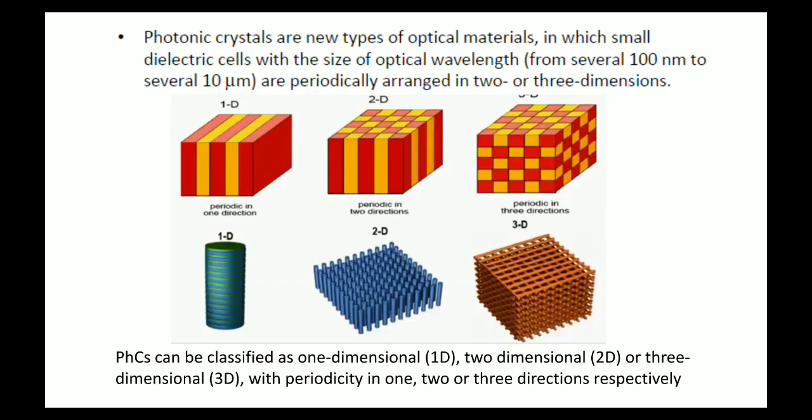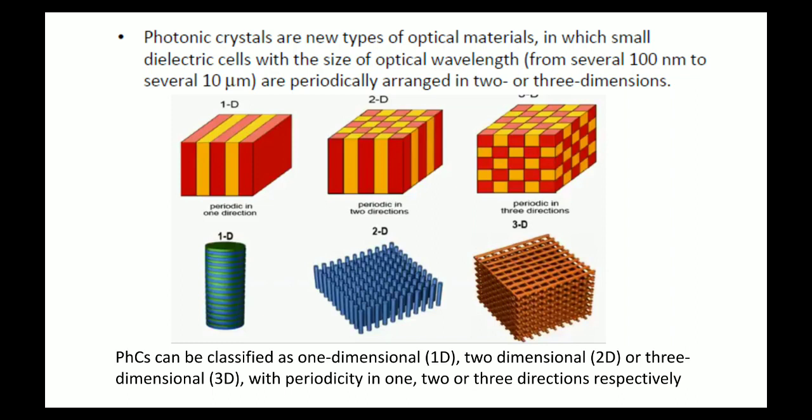Photonic crystals are a new type of optical materials, a special kind of optical materials in which small dielectric cells with the size of the optical wavelength, from several 100 nanometers to several 10 micrometers, are periodically arranged in 2 or 3 dimensions.